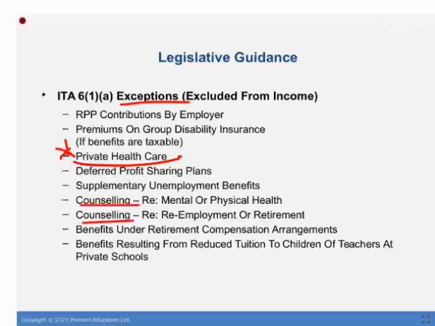Specifically, the premiums on the life insurance. Life insurance itself, meaning you pass away and your beneficiaries receive the proceeds of a life insurance payout, in Canada, that is not taxable. But if your company pays for your premiums, that's taxable. So we take that as an example.